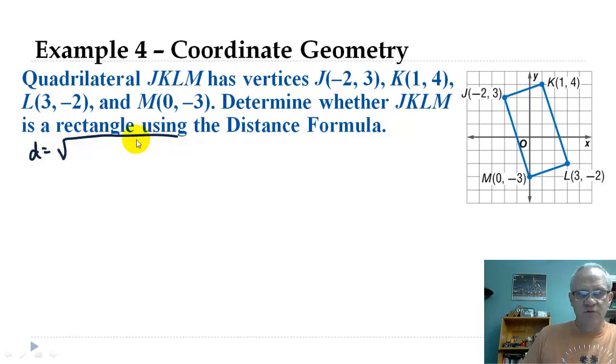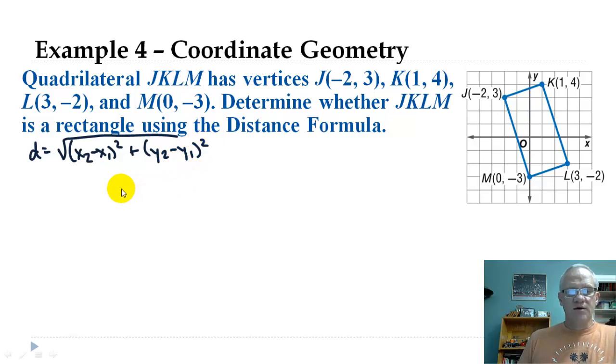Remember, the distance formula will be x2 minus x1 squared plus y2 minus y1 squared. Again, if you put the y's first and the x's second, or if you do x1 minus x2, y1 minus y2, it doesn't really matter. It's all going to come out the same anyway.